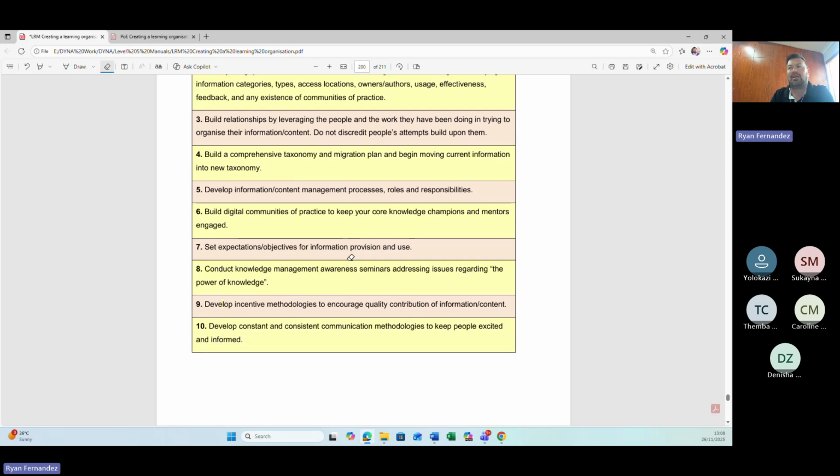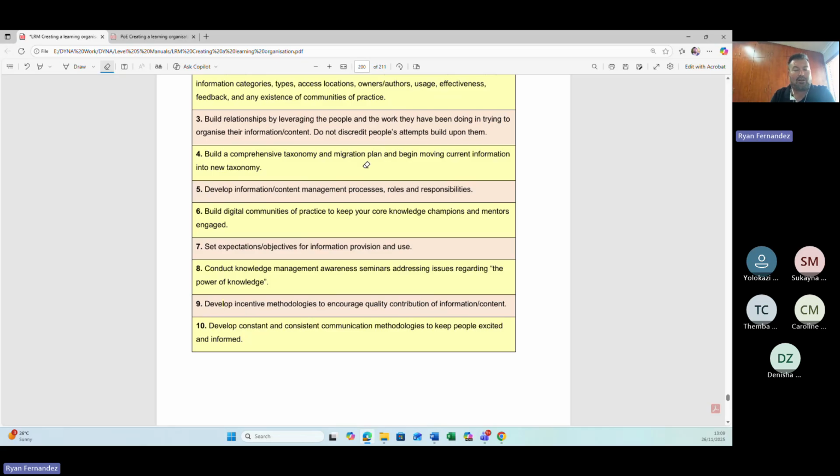Then we're going to build what we call a taxonomy and migration plan. So we need to have a map of what kind of information, data, and knowledge we require. Then we need to find that data in the company, and then we need to move it into a place where we can use it.